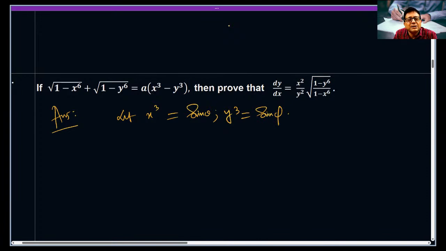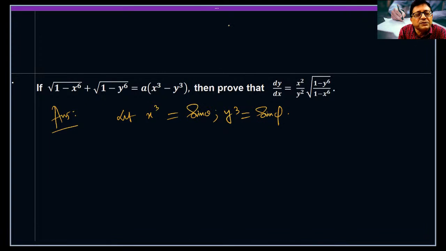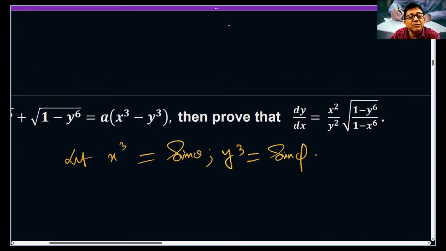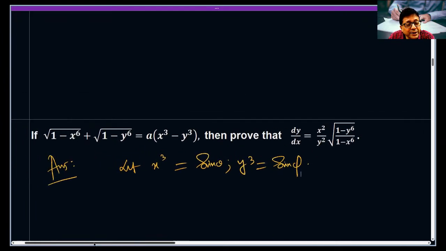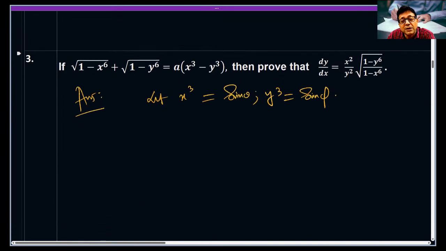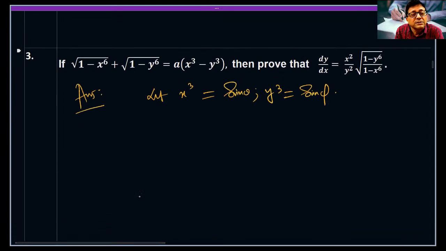If you say no, I'll take a sine theta, that is not required because the value is less than 1. So this is perfect. We can take that because inside the root it is going to be a finite quantity. So this substitution will work nicely. This has to be less than 1, so only sine theta or only cos theta is the appropriate substitution. Okay? Now with this substitution let us work.